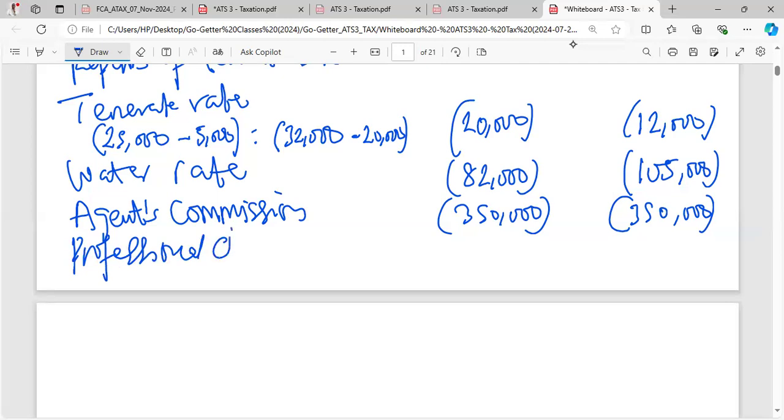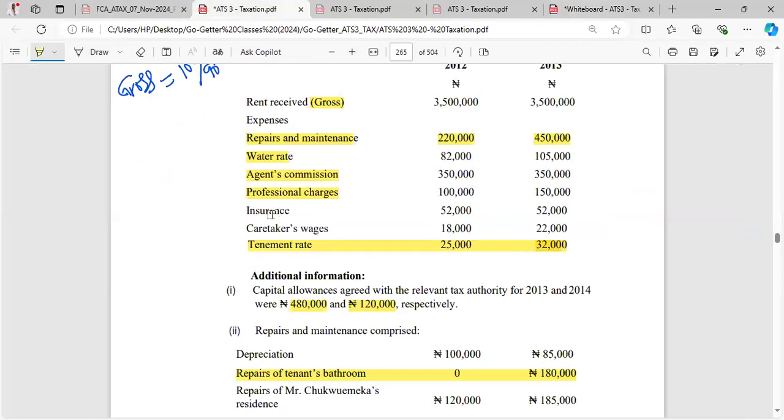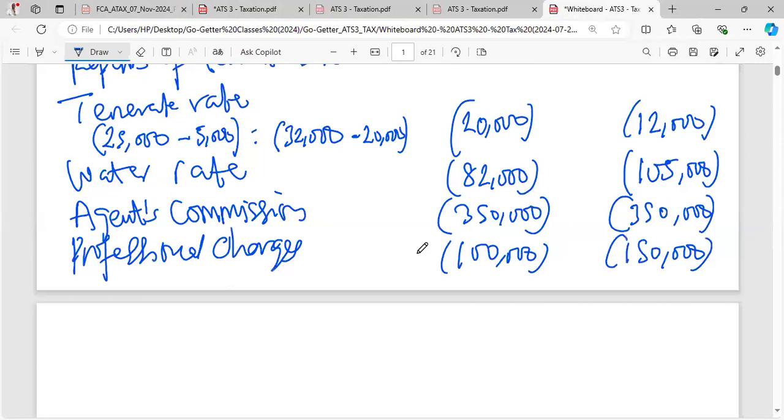Professional charges, 100, 150. What's the next one? Insurance. We said before insurance is allowed, 52, 52. So we have here insurance, 52.